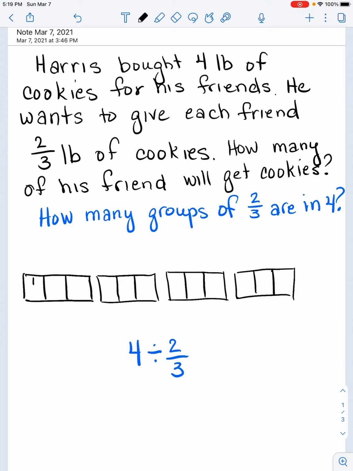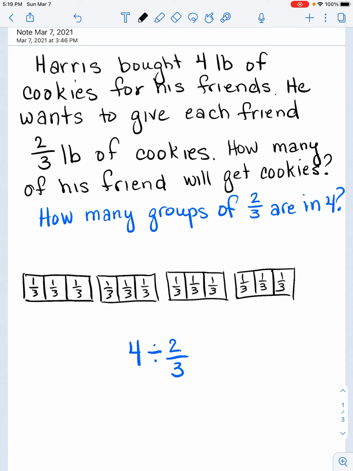Each of these is going to be 1/3 of a pound. And again, it's always good to label. It gives you practice just modeling fractions, and it's always good if you're explaining how you solved a problem to someone else.